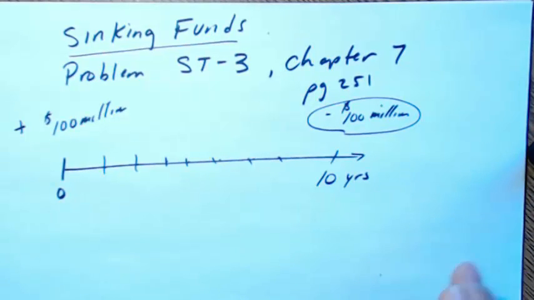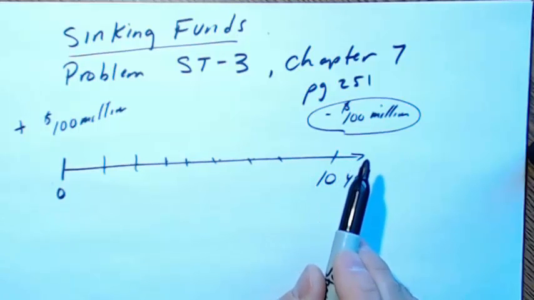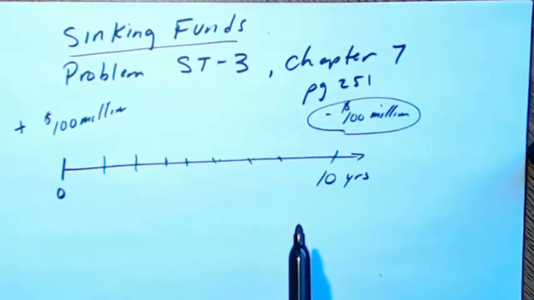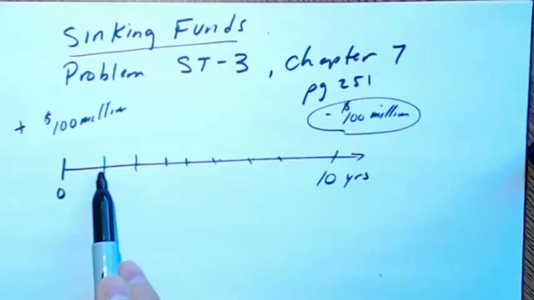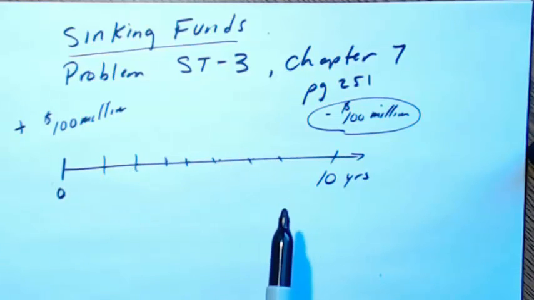To mitigate that risk, there are a couple of ways a company can deal with it. It can have in its indenture, in other words the contract between the bondholders and the company, a specification that the company is going to redeem a certain dollar amount of bonds each year. Each year it redeems and buys back a certain number of bonds, and it'll specify how that buyback would work.